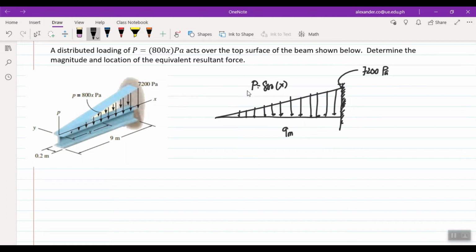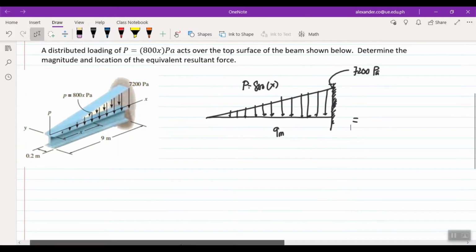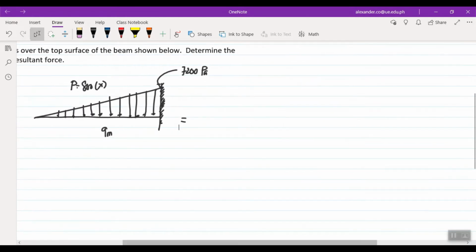So, 800 times 0.2, ilan? 160. Tama ba? 160. Okay, i-equal natin.